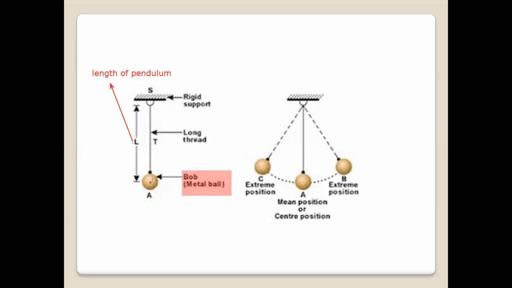So a mass is attached with a string, and you measure the length from the point where you attach the string to the center of the bob. You call that the length of the pendulum. And how can you measure the length of a pendulum?